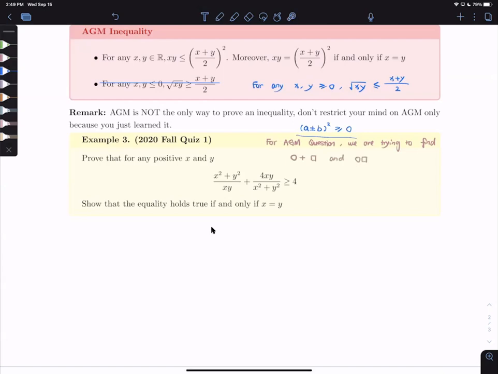If they want you to prove an inequality, you try to find this and this in your inequality. If you find those two, then you're basically done because you can just plug them into your AGM. All right, so that's my tip. I want you to work on example 3, and if you have a solution already, do not spoil it.